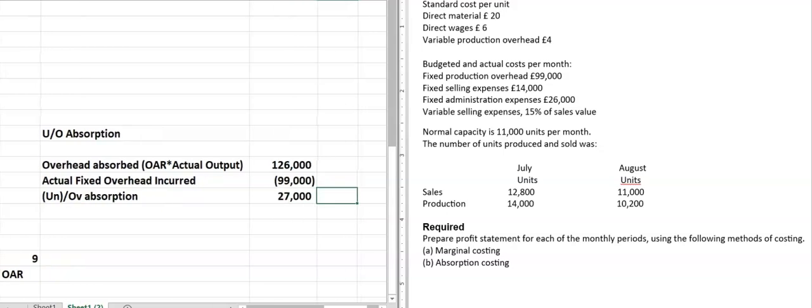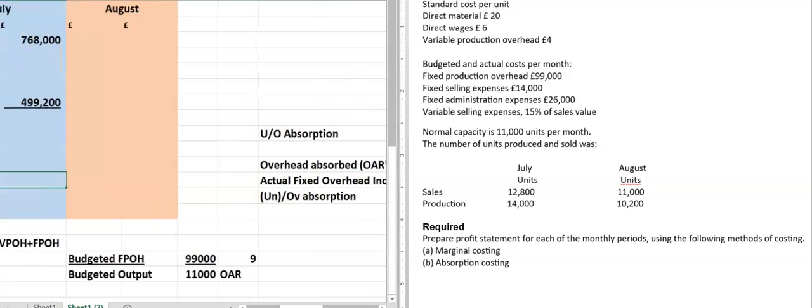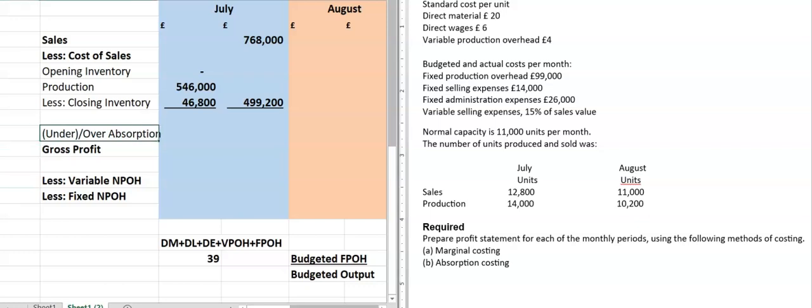Since it's coming in positive, we can say over absorption. So 27,000 over. Over means you have to add, under means you have to less. That's why under is in the bracket, and over is a positive figure, so it's not in the bracket. So you have over absorbed by 27,000.